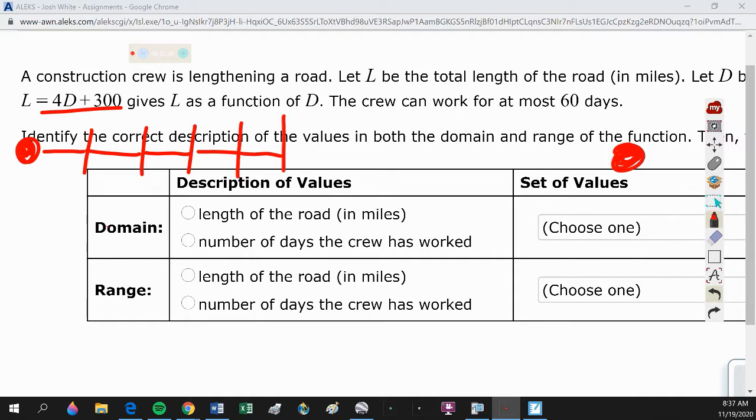So L is the length of the road that they have completed, and D is the number of days they have worked. Yeah. And what does this tell you? The crew can work at most 60 days.